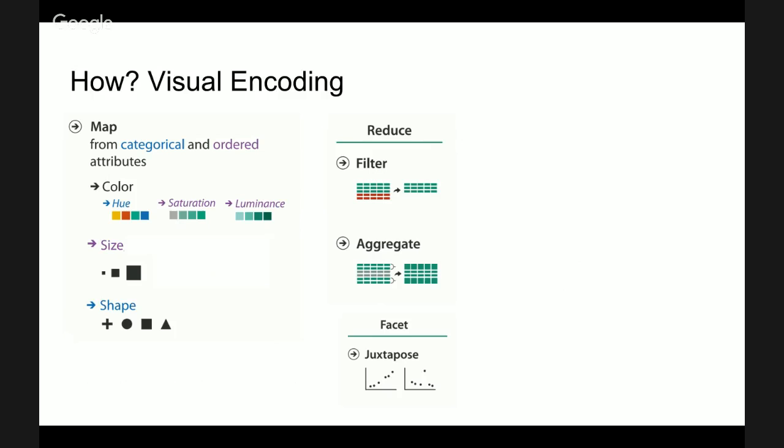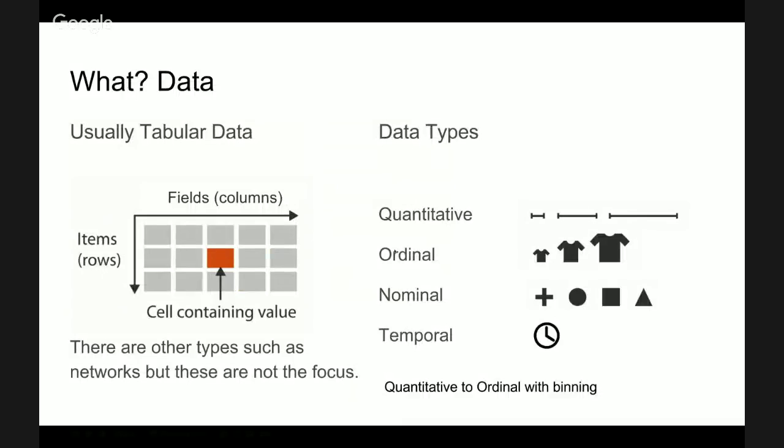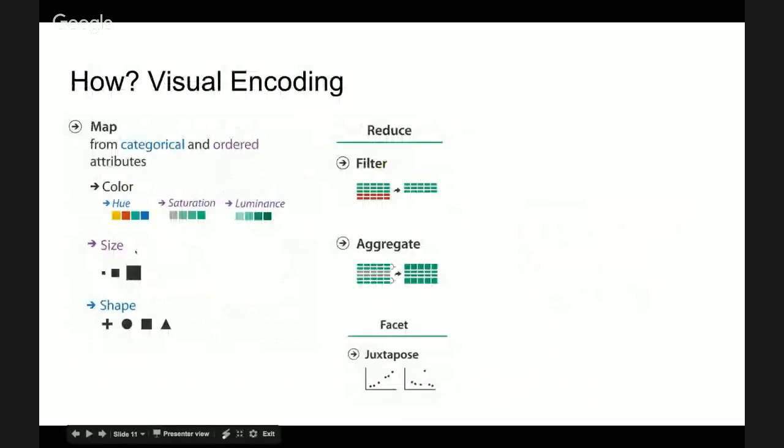That visual encoding can be something like the color. So we encode a field from the data table, one of these columns, with a color, or we can use the size, or we can encode it as a shape, we can encode it as position, and we're going to talk about all these things in the tutorial, what the encodings are.